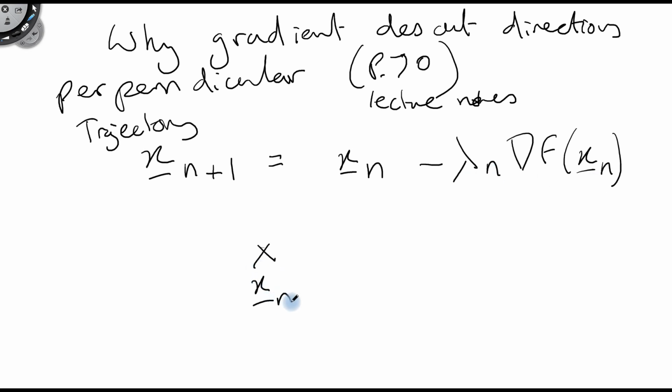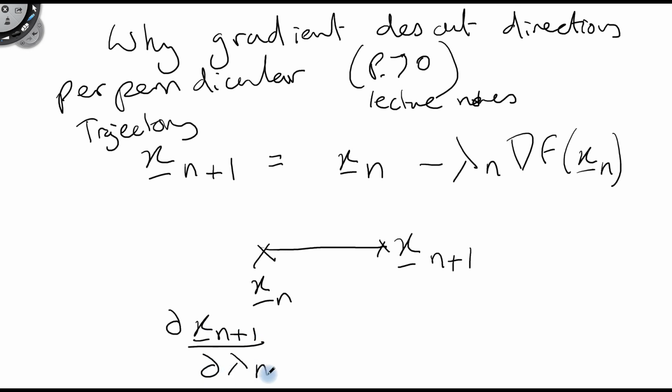We're starting at x of n. We're going to x of n plus 1. We've got the gradient there. So if you differentiate this expression, first we differentiate x n plus 1 with respect to lambda. x n is fixed as far as we're concerned with this derivative, and grad f of x of n is fixed for that given trajectory, so it's simply minus grad f of x of n, and we'll use that again.